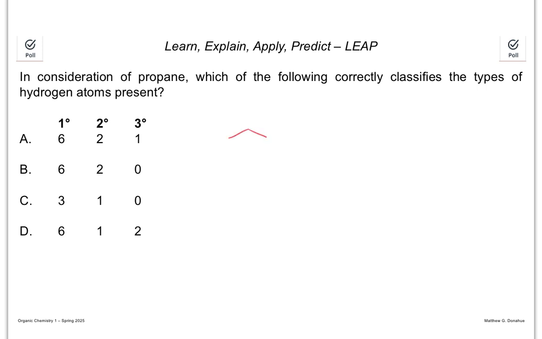In terms of types of each present, we said primary was 6, so that eliminates C. Secondary was 2, that eliminates D. And then tertiary was 0, that eliminates A. So B gets us our correct response.